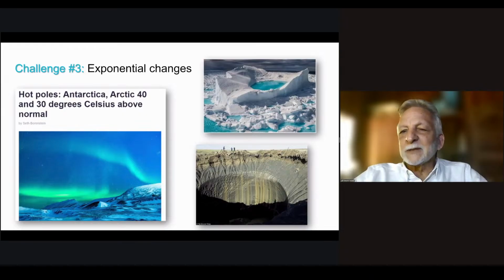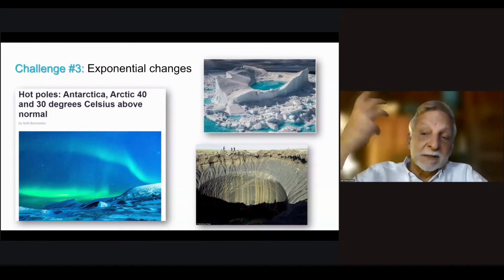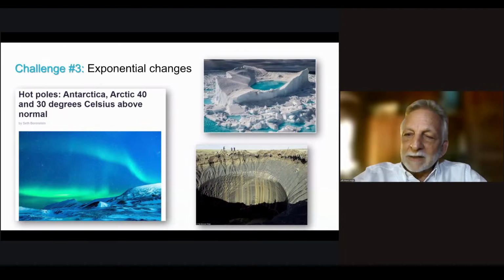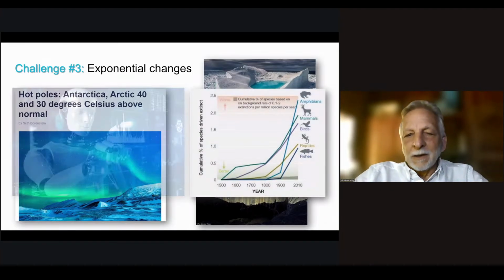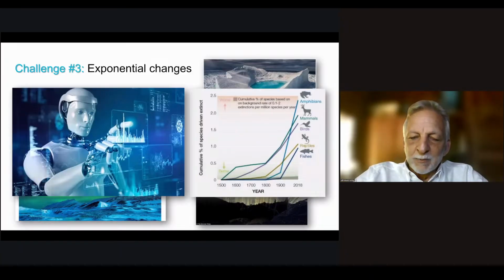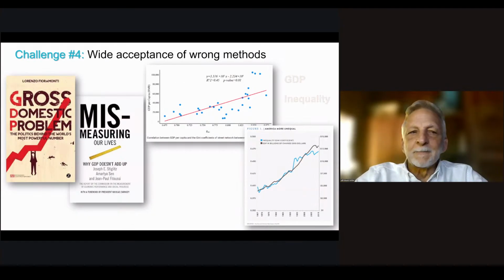The other thing is we're in exponential changes. All that methane that's being released with these craters heats the planet 86 times faster. The moment there's water and ice, it's a heat sink, because that light does not get reflected back to space. It turns into infrared and absorbs. So we are in exponential processes with biodiversity loss, with technology.